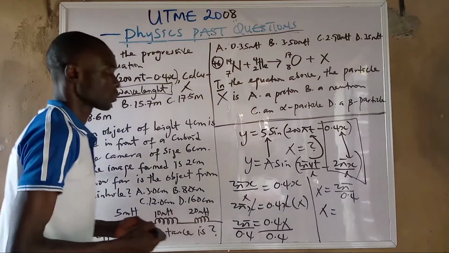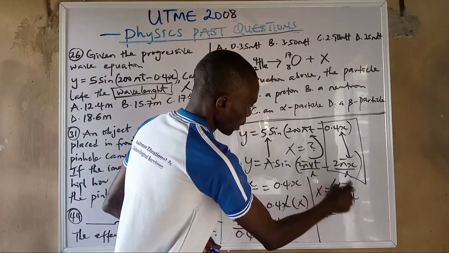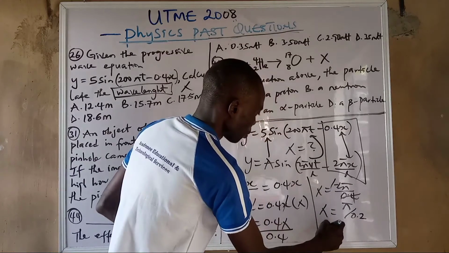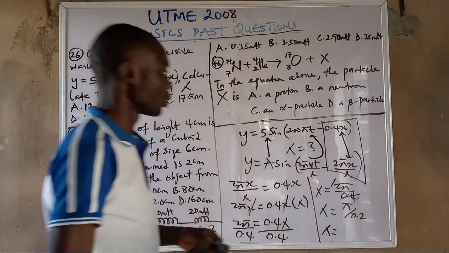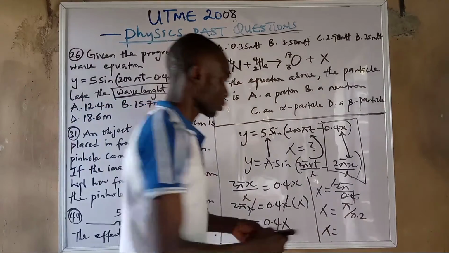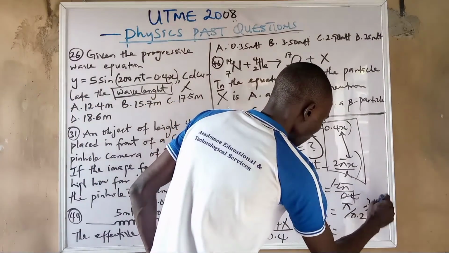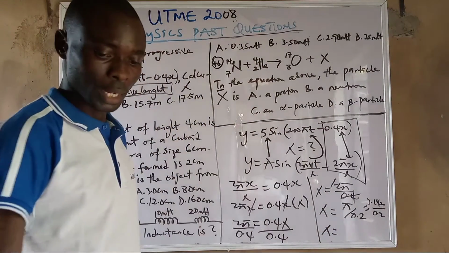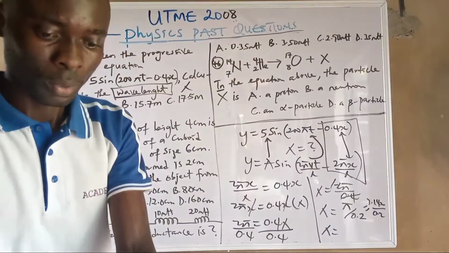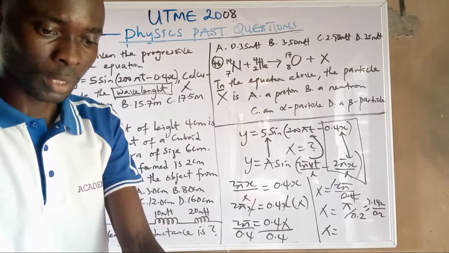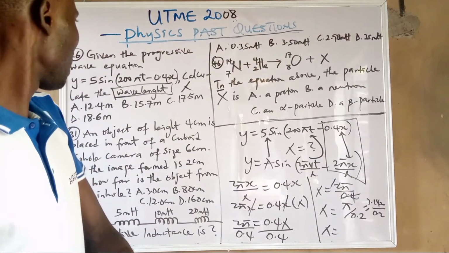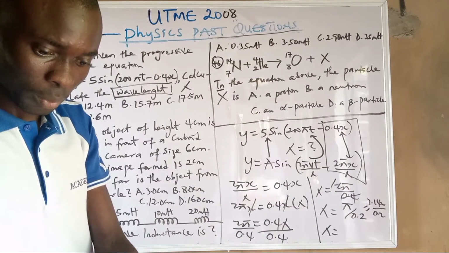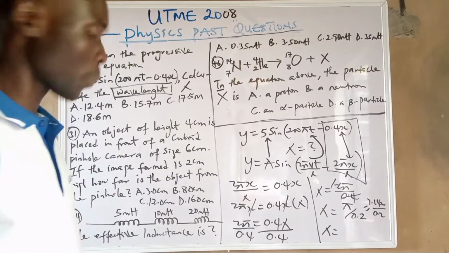We do this very well. So 2 here, 1, 2 here becomes lambda over 0.2. So what is lambda over 0.2? That's 3.142 over 0.2, because that's the value of lambda. Let's see what we can get as our answer.